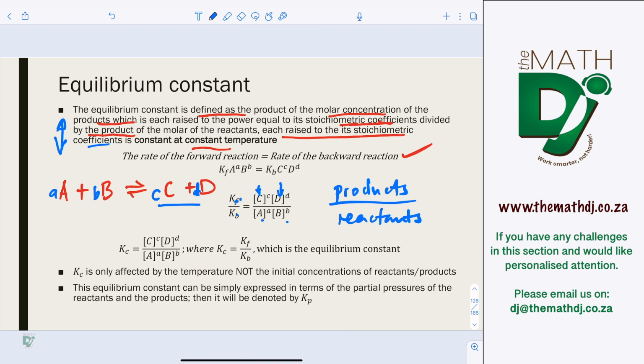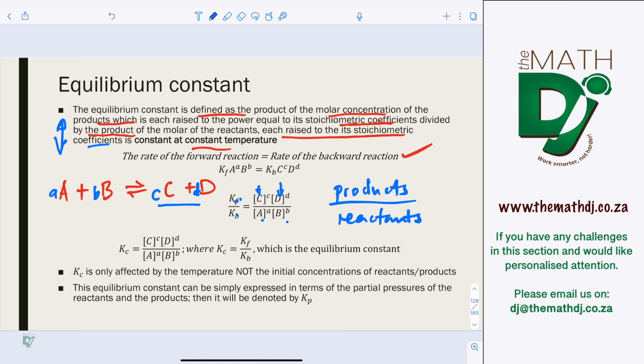So we just say equilibrium constant. It's just calculated that way. Usually they give it to you, but it's fine. Equilibrium constant, Kc, is only affected by temperature, not the initial concentration of the reaction. So this one is temperature dependent, not concentration dependent. That's why we were mentioning constant temperature.